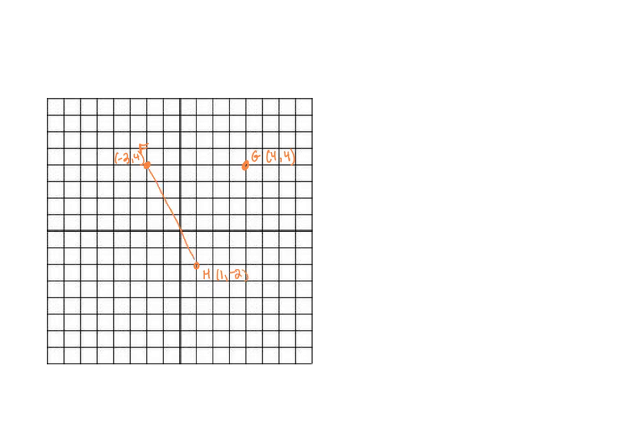Okay, if we draw that triangle, hopefully you can see that one side is running horizontal for us, so that's going to be in our favor.